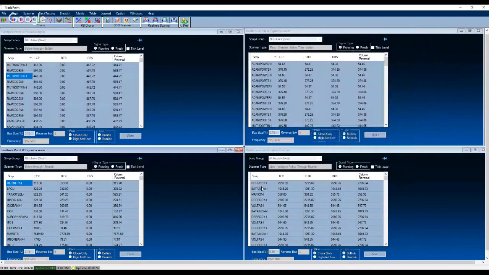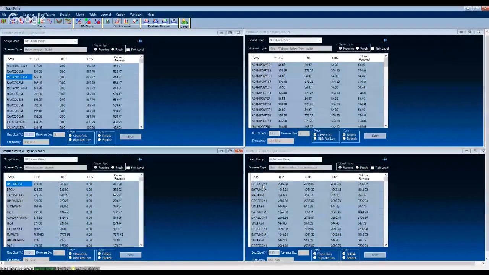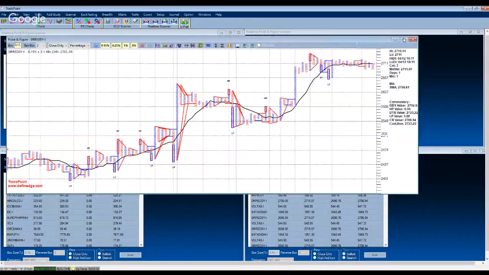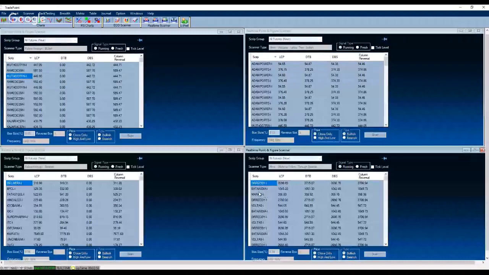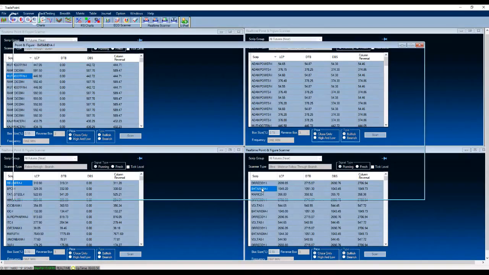So for the purposes of this webinar, I have created a custom built scanner which will throw out candidates wherein the signal is yet to be triggered, and wherein the risk is also very limited. So I've just created a scanner which takes care of these two conditions, wherein the follow through signal is about to be triggered, and wherein the risk is also very affordable.